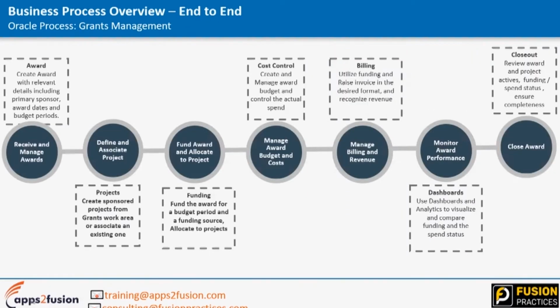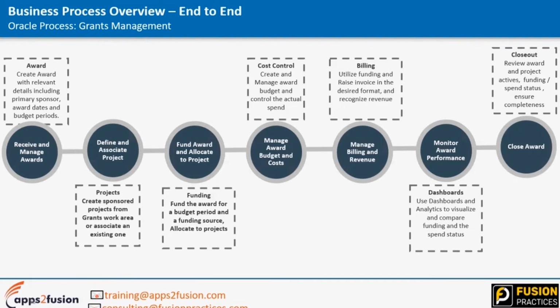Right. So let's see the end-to-end business process for grants management. It all starts with receive and manage awards. As I said earlier, there's a process happening for negotiations and other things, which for small organizations might be on Excel or any system. Big organizations usually use a separate CRM system, customer relationship management, which can be, as I said, Oracle CX Cloud or SFDC or Workday or whatever.